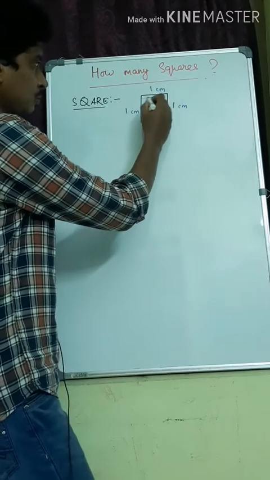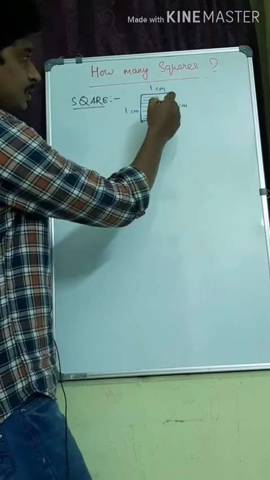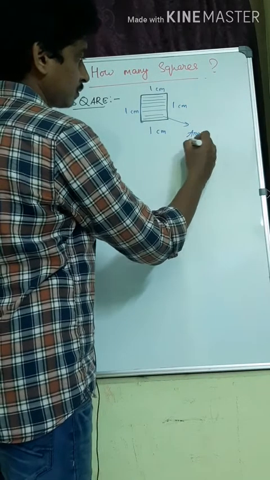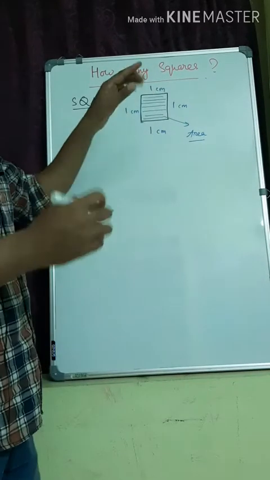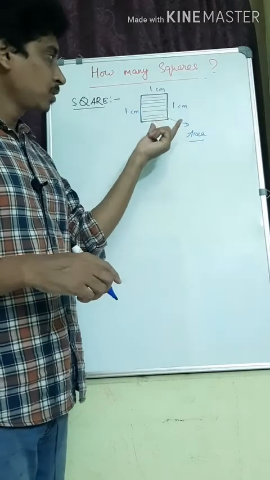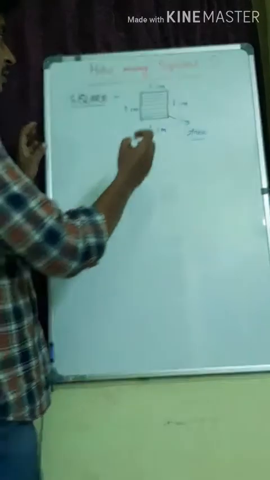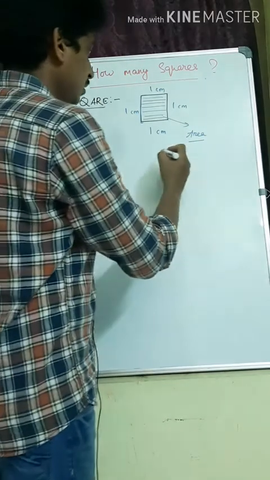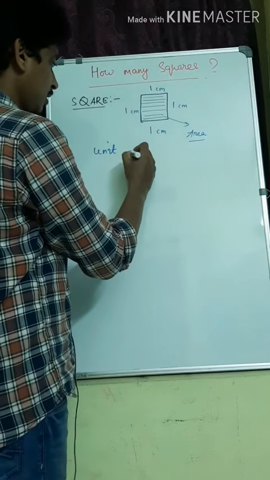So this area, the place covered by this square, surrounded by this square, is called the area of this square. So what is its area? As you can see, it is 1 centimeter on each side. So it is the basic unit. It is a unit square.